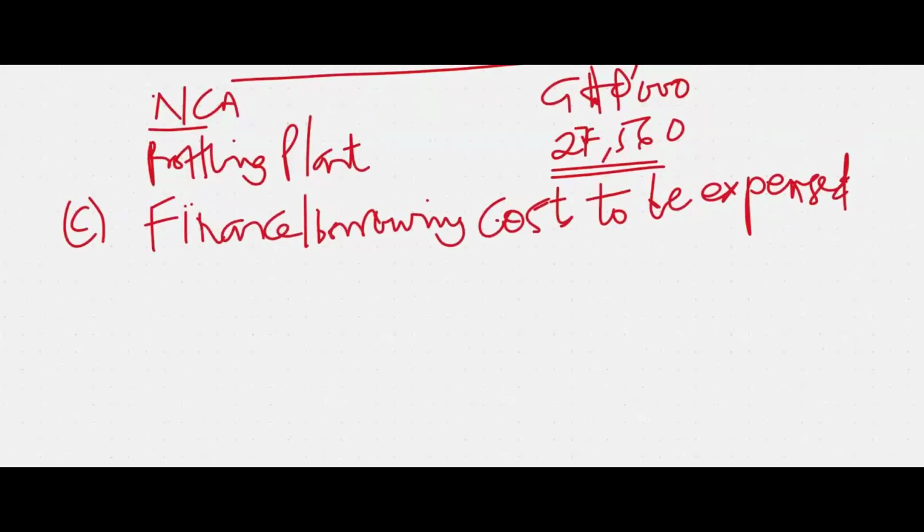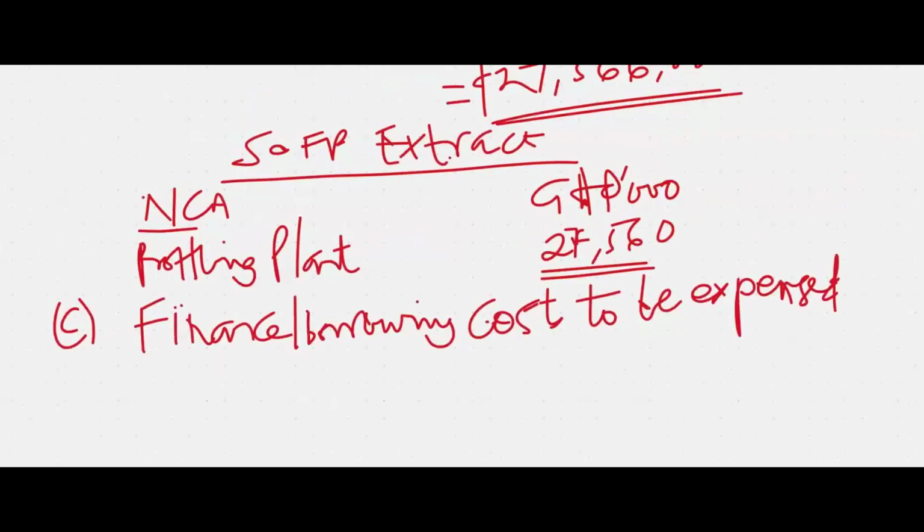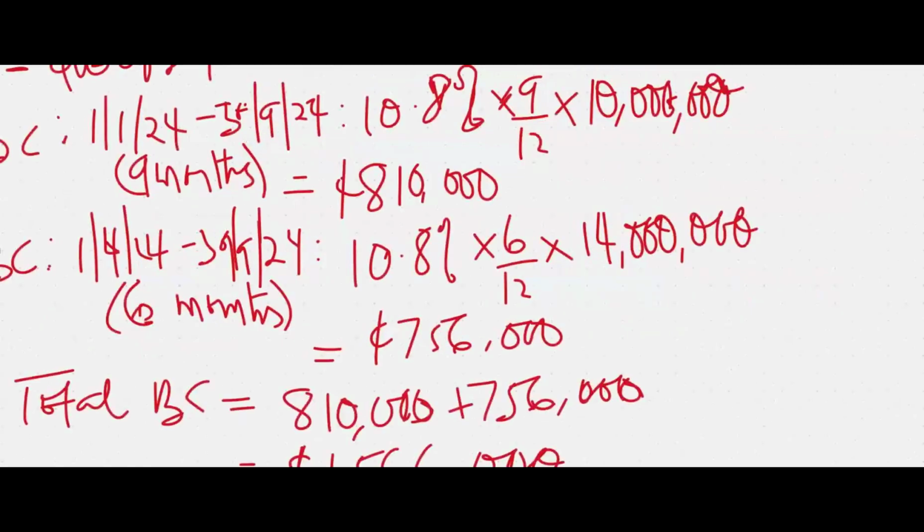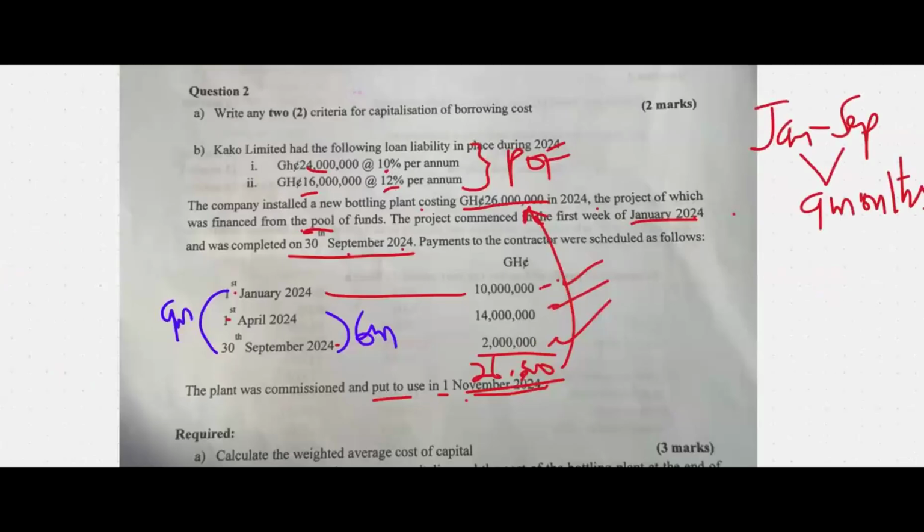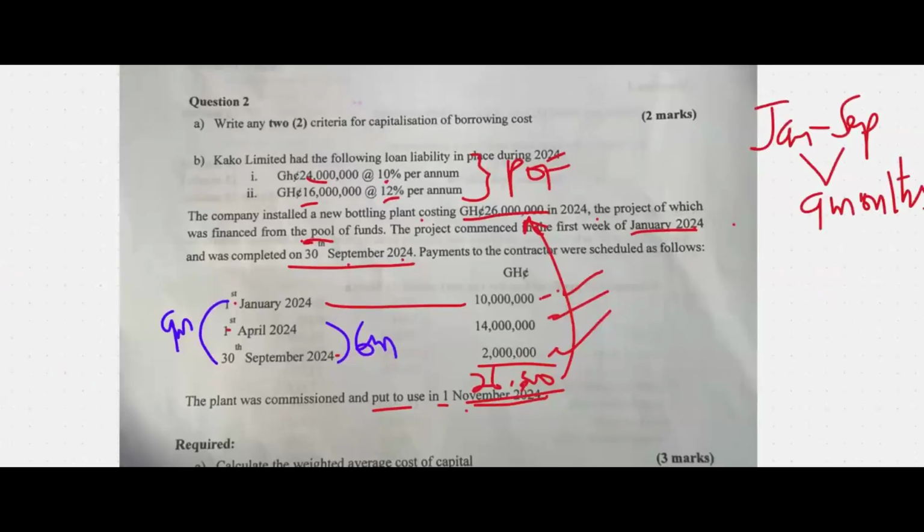With the pool of funds method, you would go and find the interest on each of the loans, then you add.